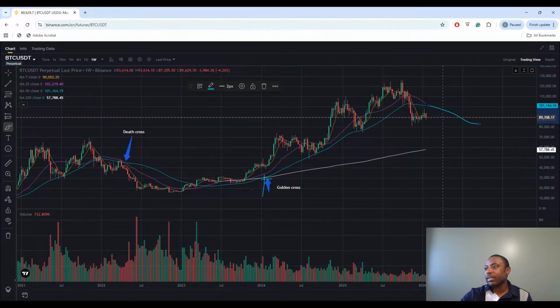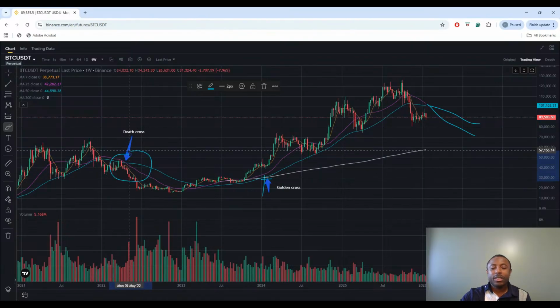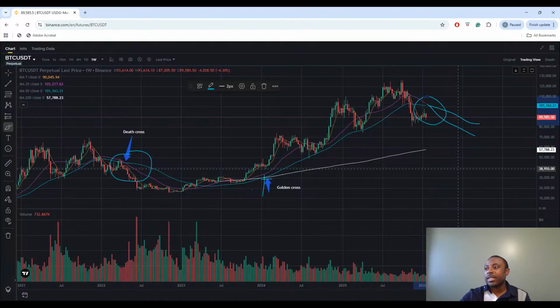So this is around when, if this happens, now there's another line here, 50. If this happens, just like here in 2022, this zone, this area, what does that say about the price? It means you're going to see something like this. I'm not saying it's going to happen. I'm just giving you an example.